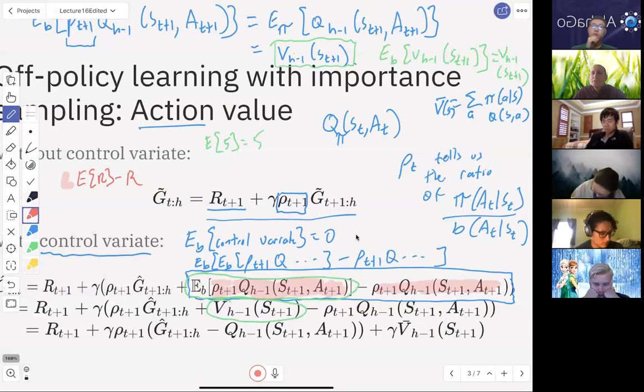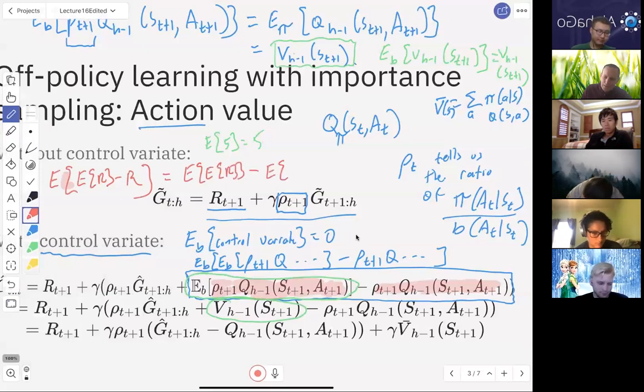So for any random variable, what is the expectation of r minus r? I think it's just 0. Yeah, it's going to be 0, because this is the expectation of r minus the expectation of r.